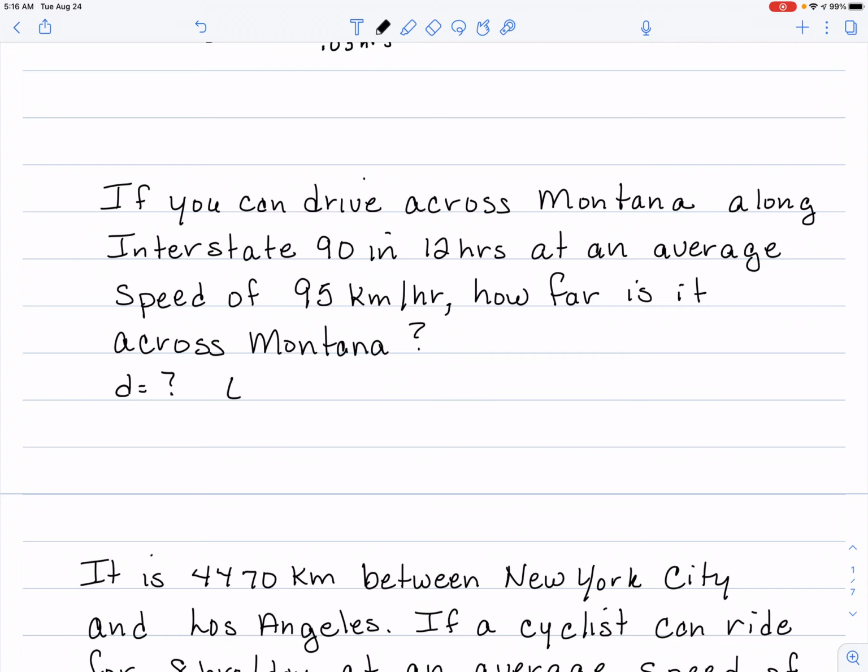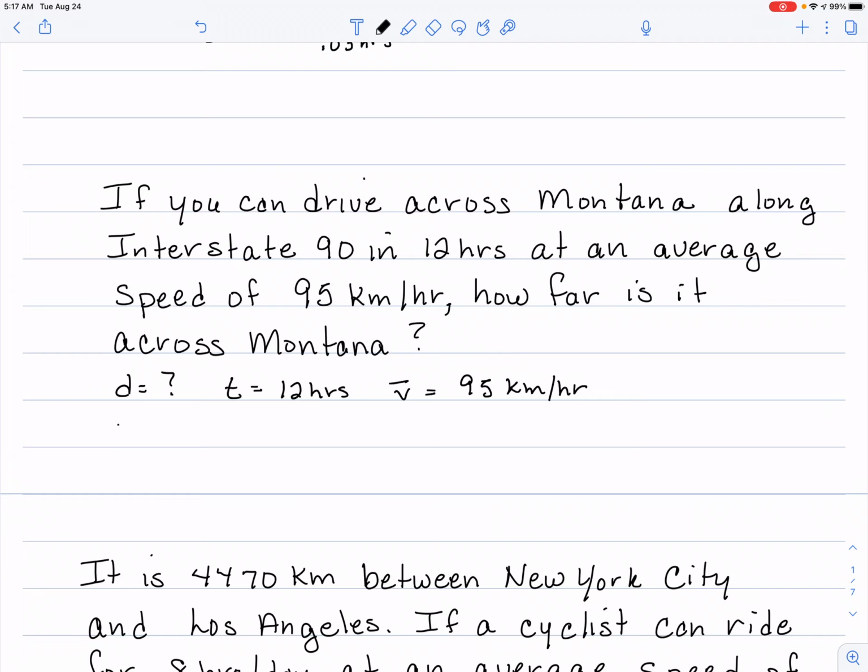You're given a time of 12 hours, and you're given an average speed of 95 kilometers per hour. Now, do we need any conversion? No, because notice hours and hours would cancel. So you're looking for distance, which in this case is going to be kilometers.